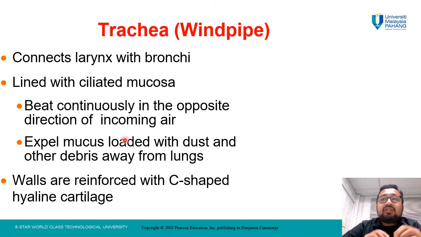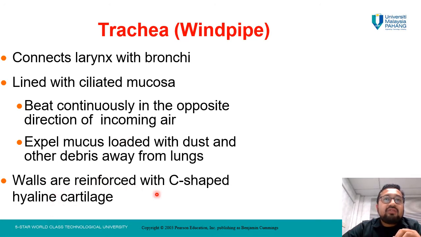So it is very important to have first line defense mechanisms, such as this ciliated mucosa, to prevent a much worse situation if it is not prevented earlier.